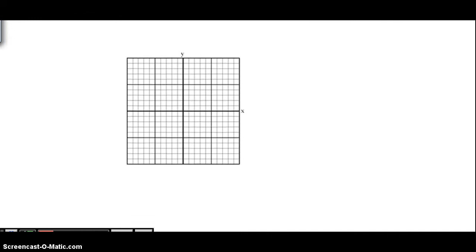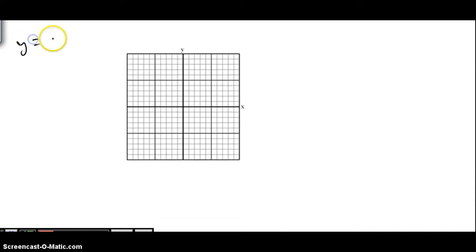Okay, so if we had something like y equals x squared plus 3. Okay, now if you think about it, if we use the same exact numbers here, this would be 4 for just x squared, but then we're going to add 3 to it.